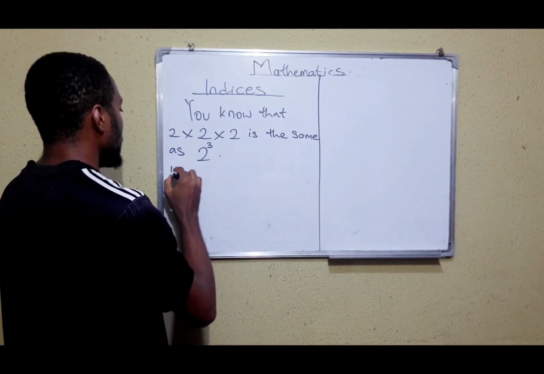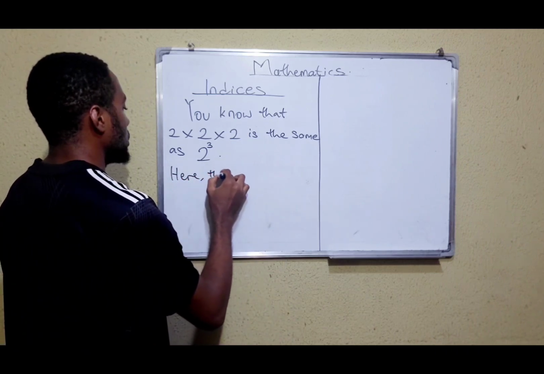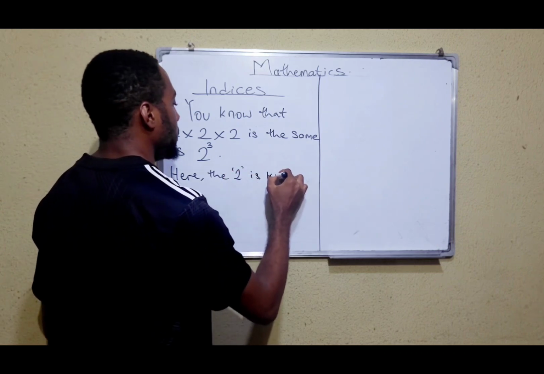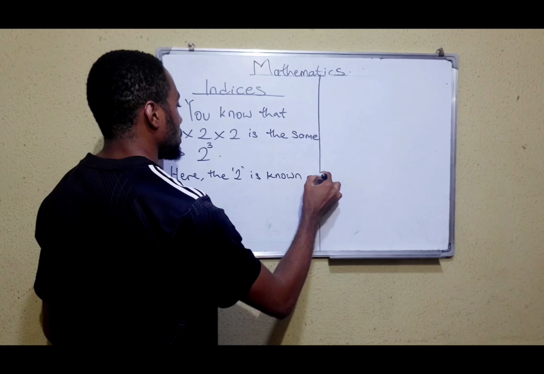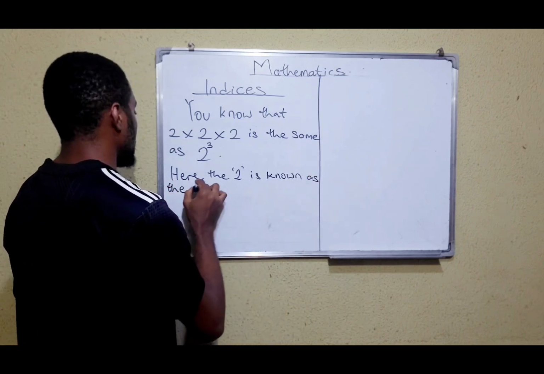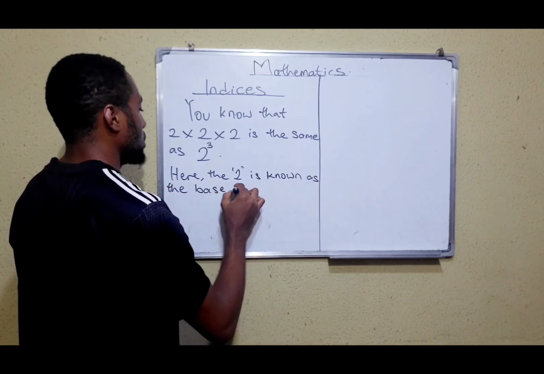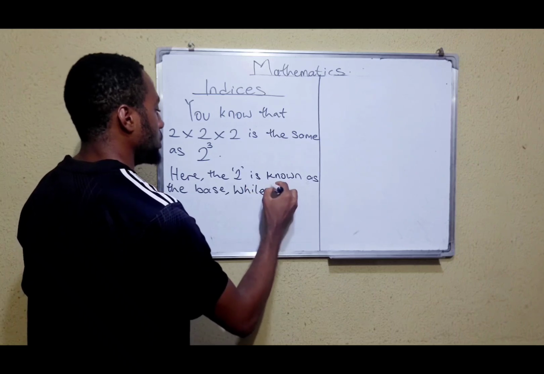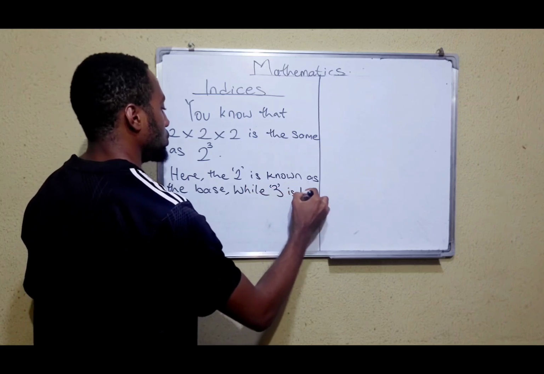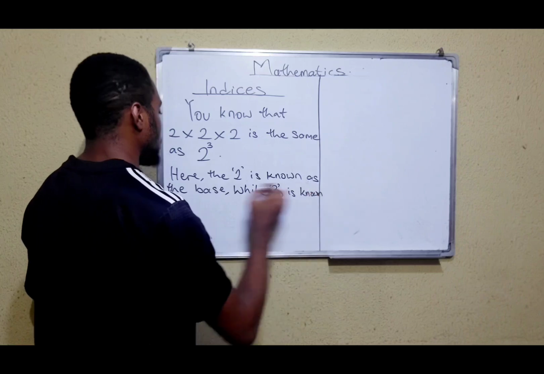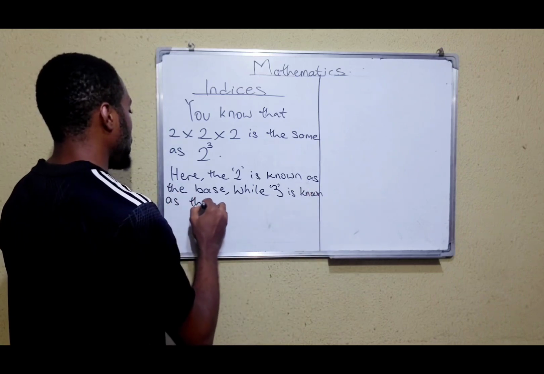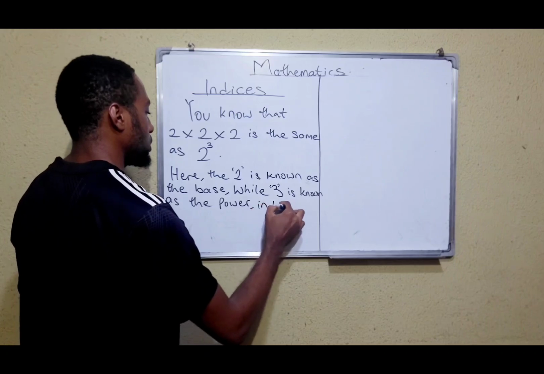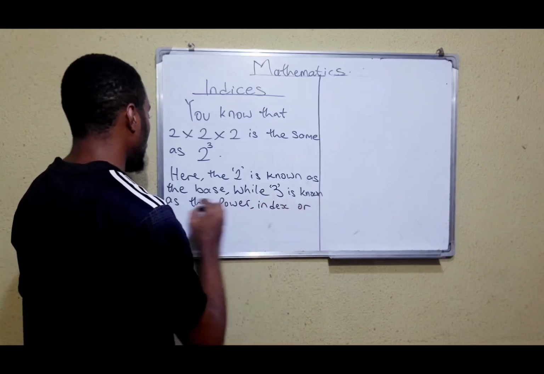Now, here, the 2 is known as the base, while 3 is known as the power, index, or exponent.